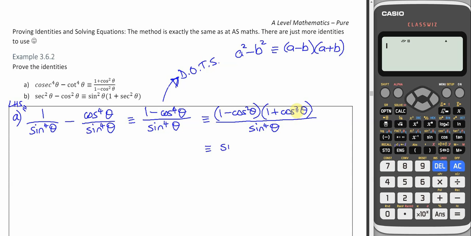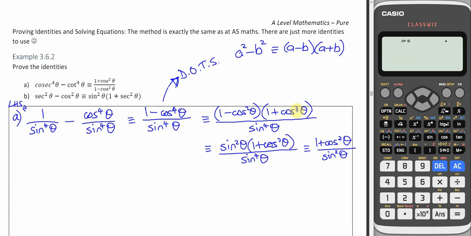So the first bracket is sine squared theta. Now I have a common factor in numerator and denominator. Got a common factor of sine squared theta. So I'm cancelling that common factor of sine squared theta.